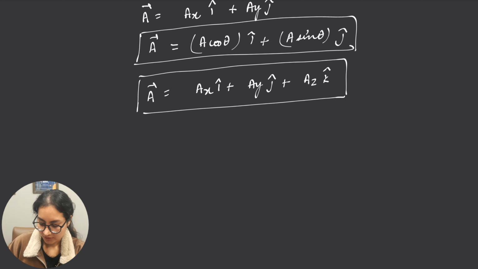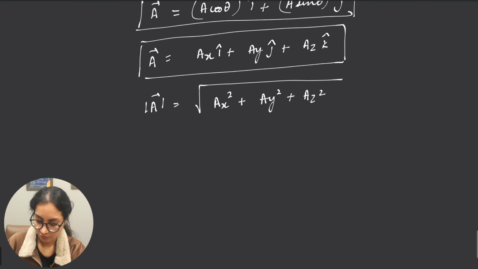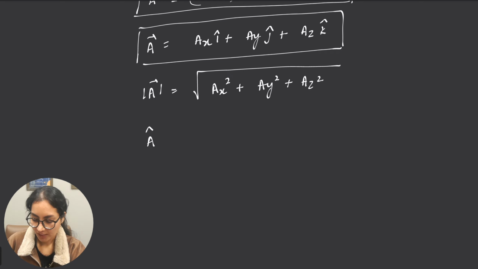So this is my vector. What's the magnitude of this vector? If I have to find the magnitude of this whole vector, that would be the square root of the x component squared plus the y component squared plus the z component squared. And if I have to find the direction, as we found in the previous lecture, that would be the A vector divided by its magnitude.